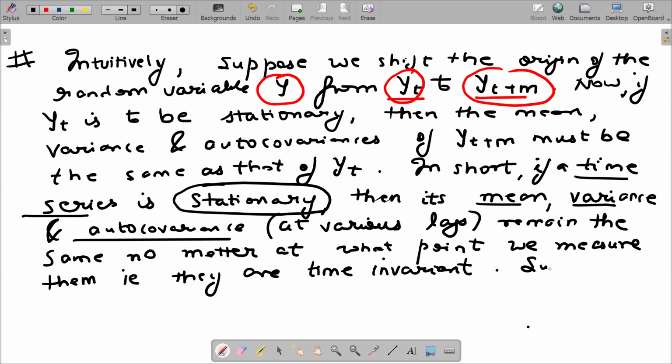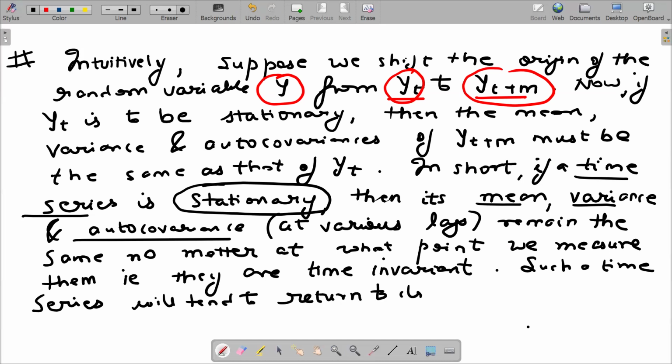I can further elaborate that such a time series will tend to return to its mean, and this is called mean reversion.